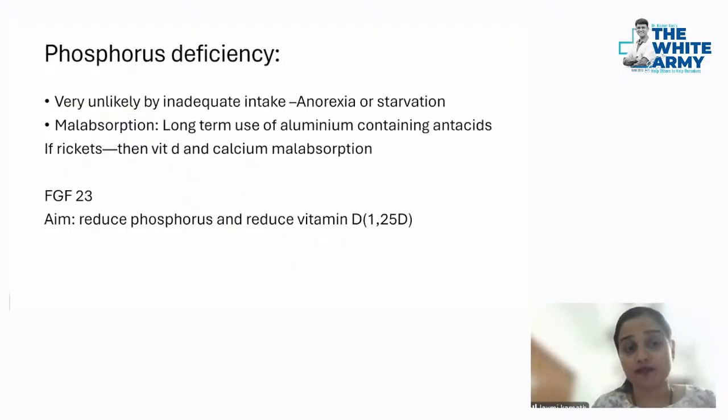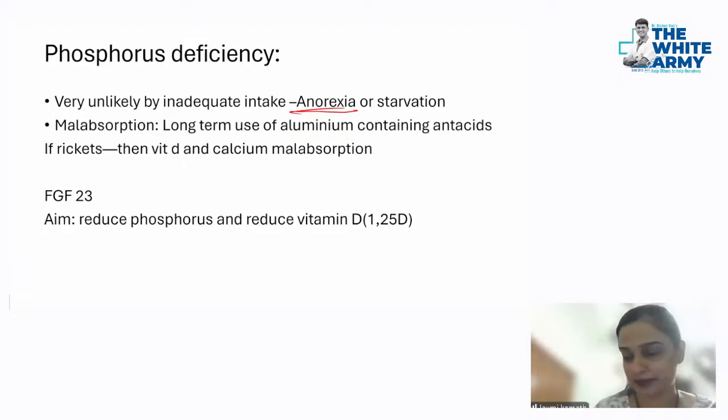Next, coming to phosphorus deficiency. Like I told, phosphorus deficiency only by reduced intake is very rare. That can happen only if the child is starving or has anorexia nervosa, because all our foods have phosphorus in them.